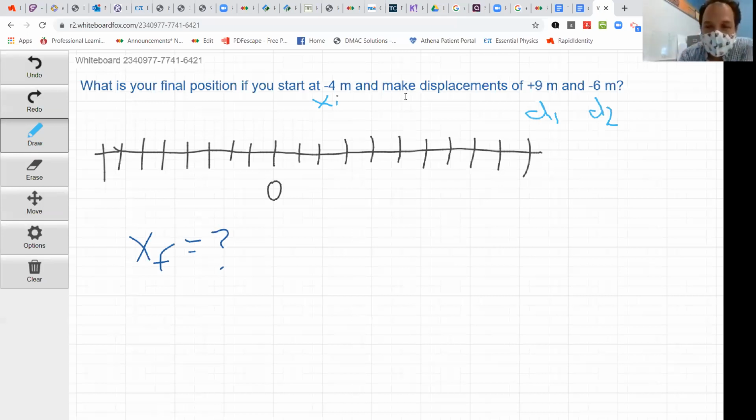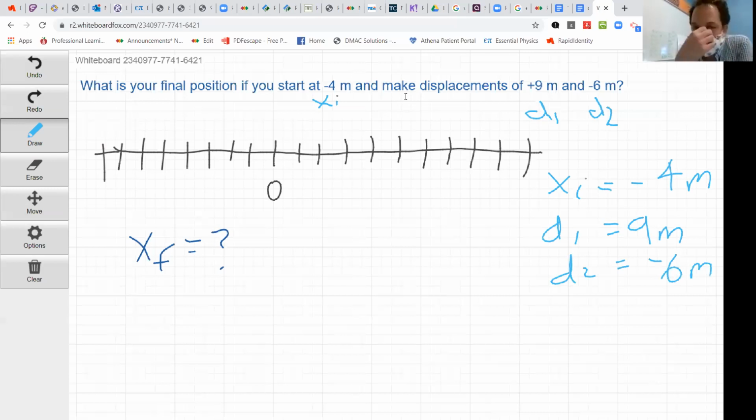So we've got xi equals -4. We've got a displacement 1 of 9 meters and displacement 2 of -6 meters.